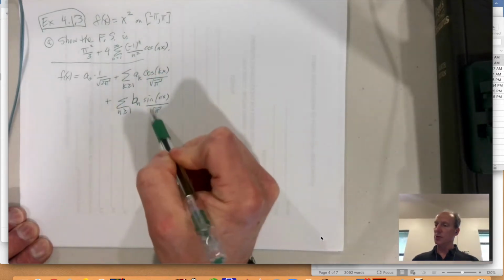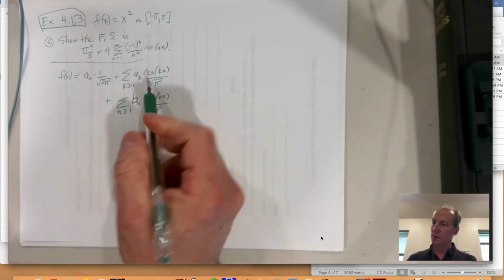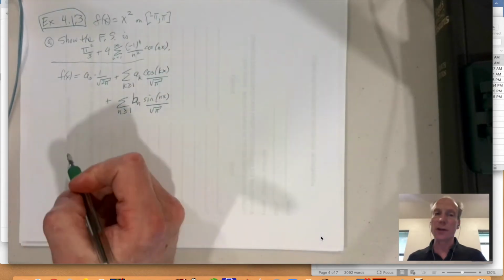So these are the basis vectors for the orthonormal basis of L2 of negative pi to pi.